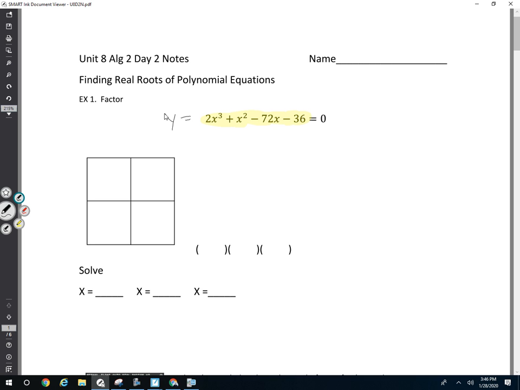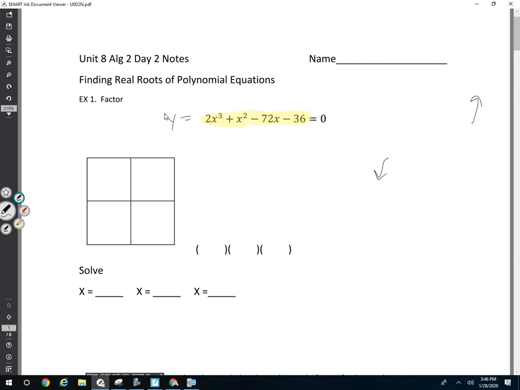You know a little bit about what it looks like. Why do you know it's going to be like this? It's a cube. You know it'll end up like that and like that.